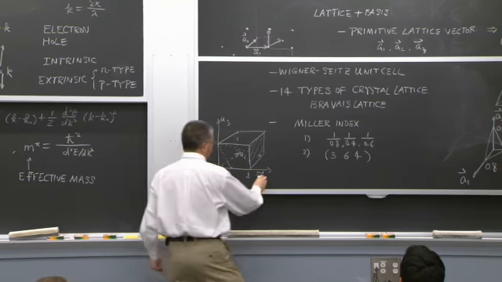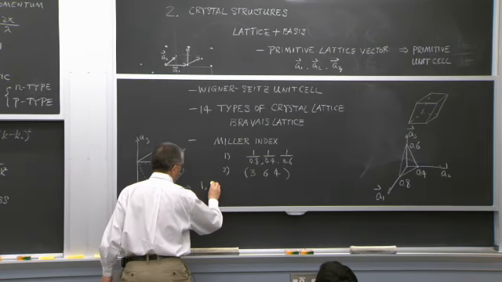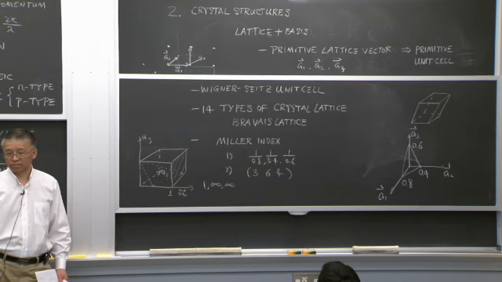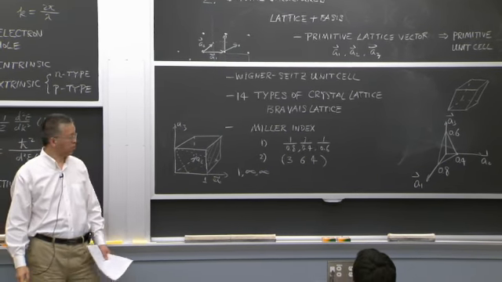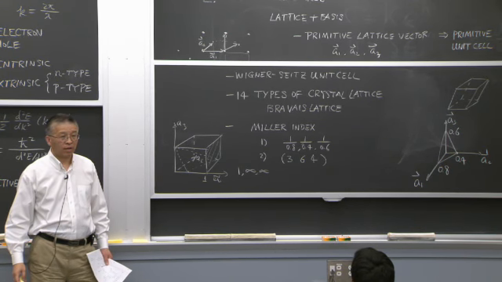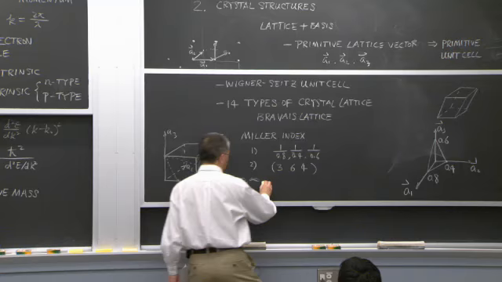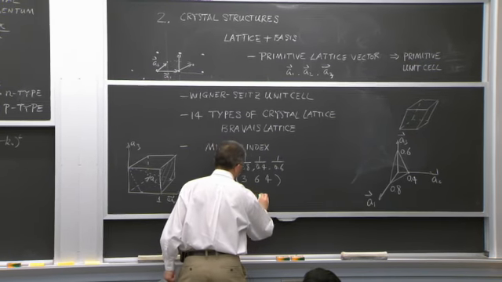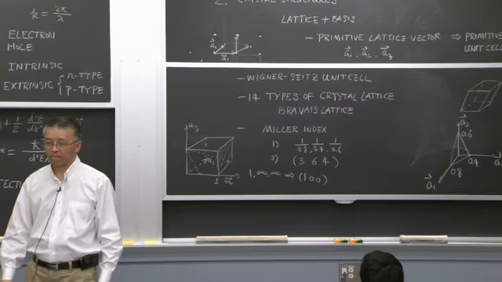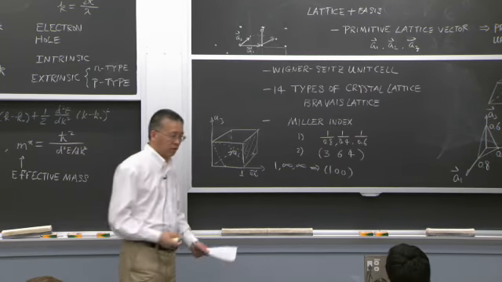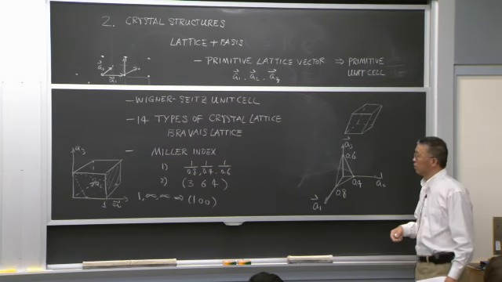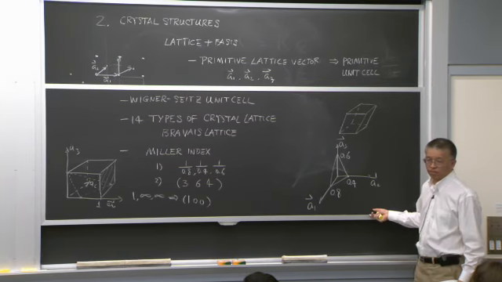So this surface has intercepts 1, infinity, infinity. I guess people don't like infinity, so take an inverse, and that becomes the 1, 0, 0 plane. So that's just the convention of denoting specific crystallographic planes.